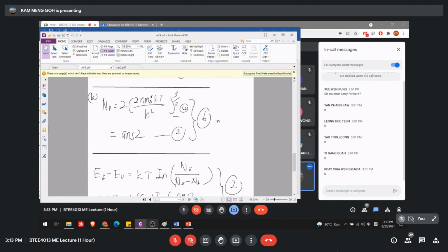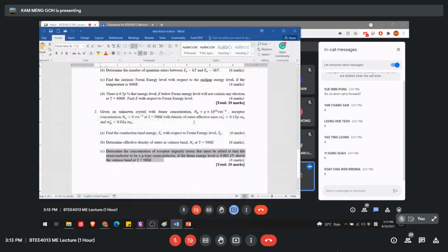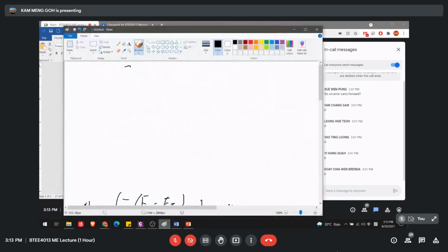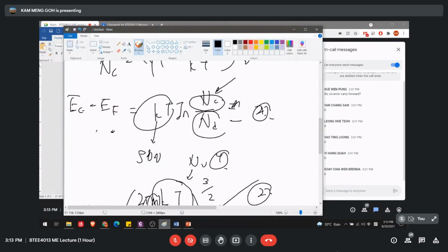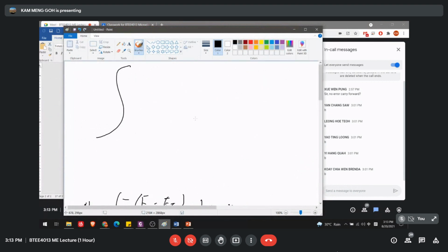So concluding everything, you are going to have 40 marks from here. Some of you made many careless mistakes, especially during the integration part and also this NC part. But I think most of you can pass. A few of you maybe got less than 20 marks, less than half. So no worry, try to work hard in your assignment.